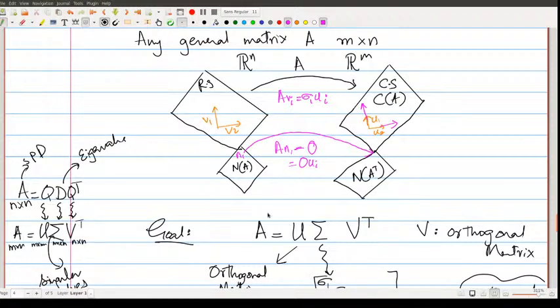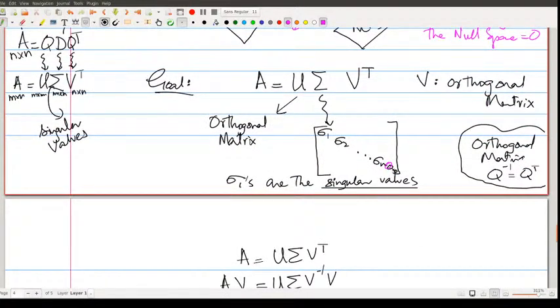So it's mapping whatever is in the null space to 0, and the singular values corresponding to the null space are equal to 0. So when I said they might have some zeros in here, they're coming from the null space of A.